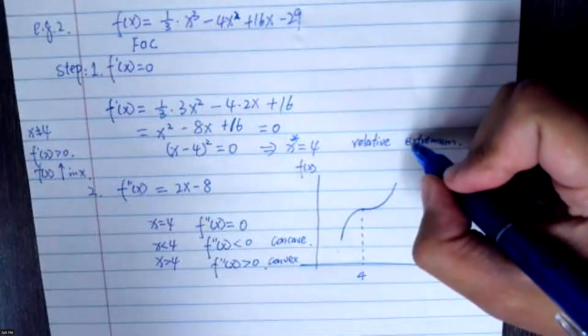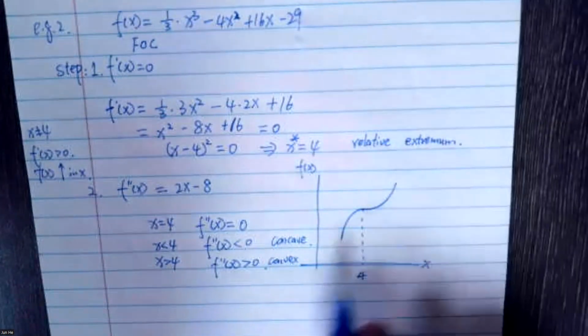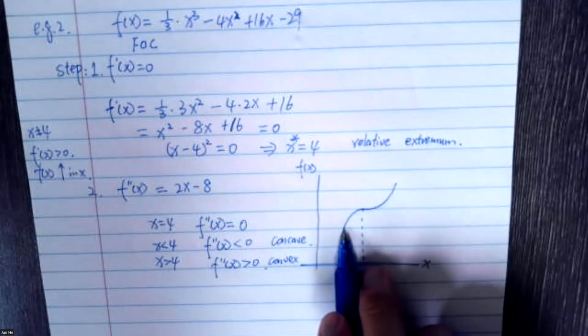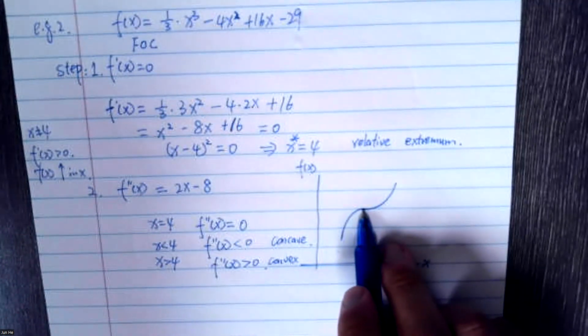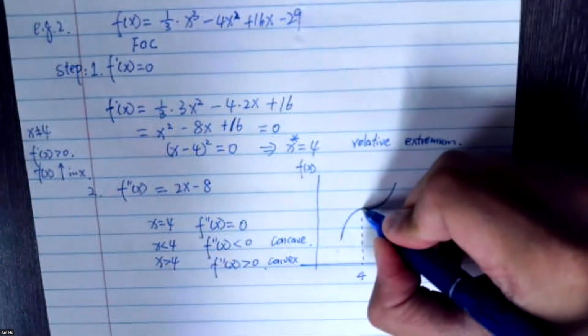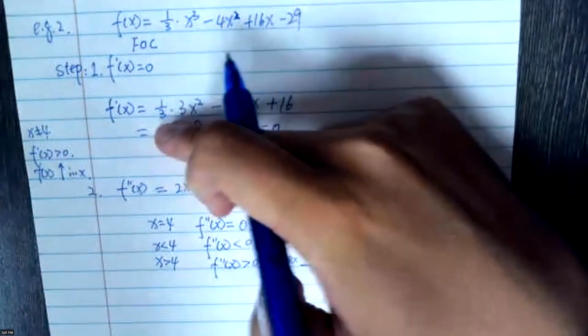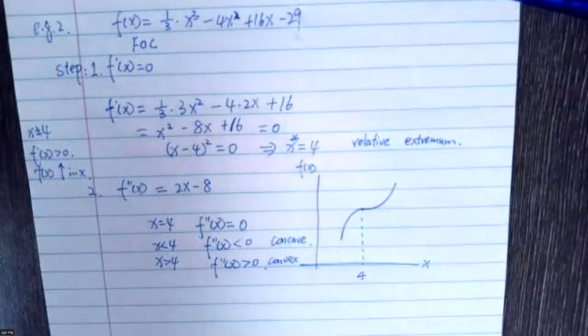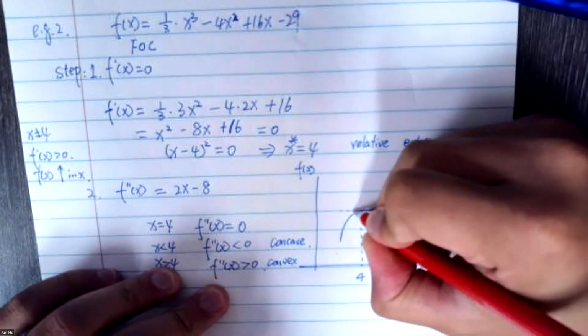Therefore, it is a relative extremum, or we call this a stationary point. It's as if previously we are increasing, but increasing at a decreasing rate, right? Eventually around 4, the increasing rate is 0. That's why the first order derivative is 0. That is to say, the slope of the tangent line is just 0.